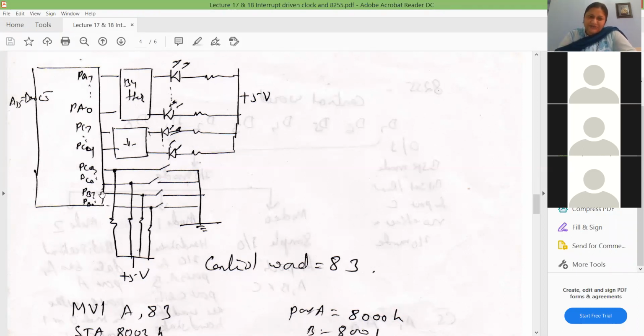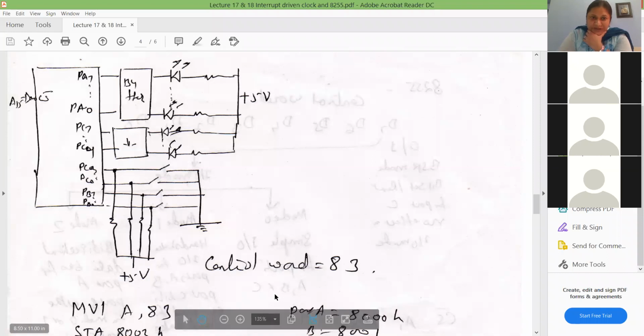If the PB7 switch is on, then the PA7 LED should glow. Understood? This is the problem given to you. Problem is clear?